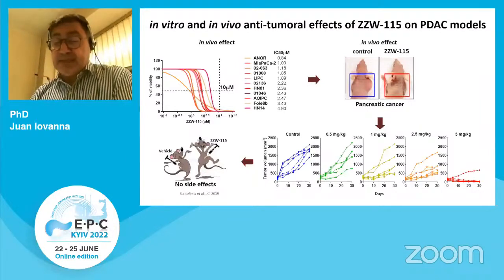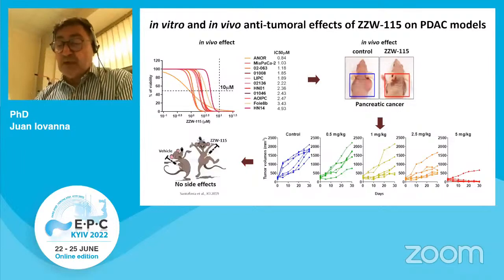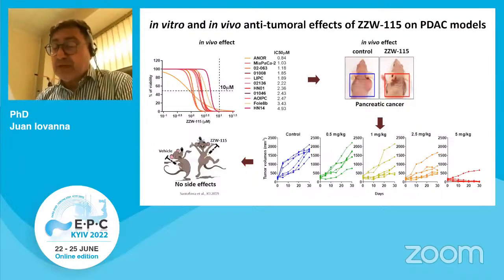Then we evaluated its anti-tumor effect on several xenograft models of pancreatic cancer and found a dose-dependent effect with a maximal effect at 5 milligrams per kilo per day. And, of clinical relevance, we didn't observe any obvious toxic effect.